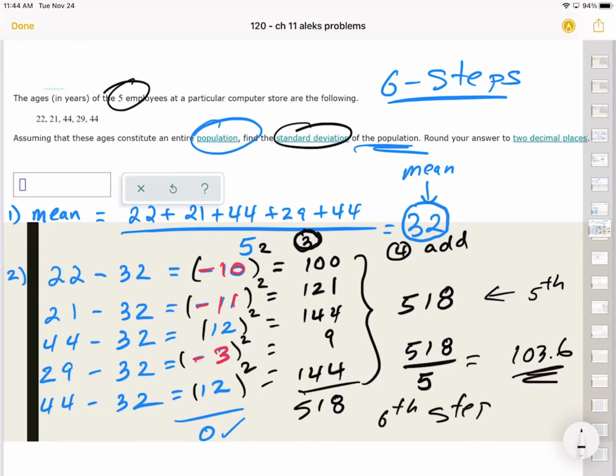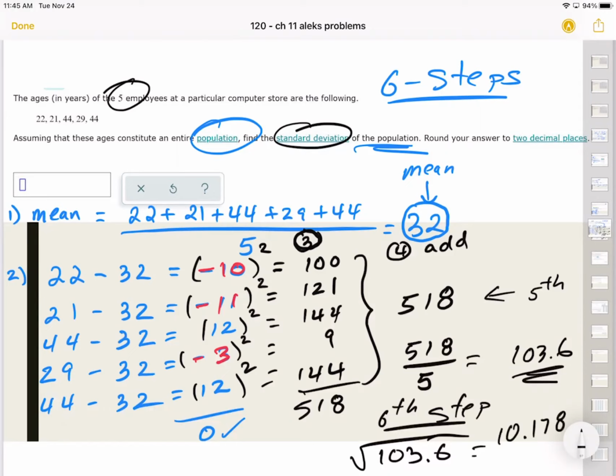The last step we have is we need to take a square root of 103.6. And if you take a square root of this, you should get 10.178.